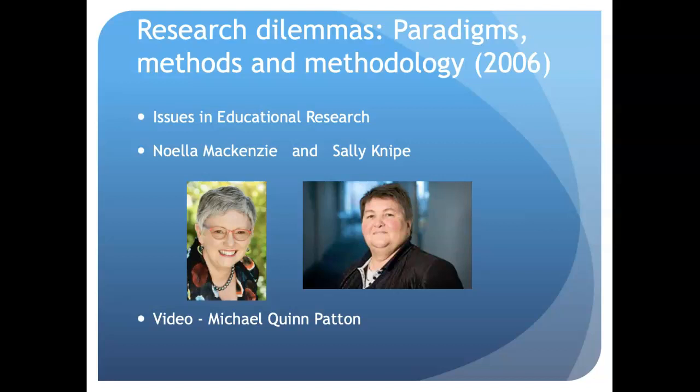That's exactly the question that Noella Mackenzie and Sally Knipe explore in their paper. They're both academics from Australia who worked at the same university when they wrote this paper. Noella is now at Charles Sturt University and Sally Knipe is at La Trobe University, still in Australia, and I suspect still working together in some ways. But anyway, because this paper has been very helpful for a lot of people that are looking at research and the language around research.